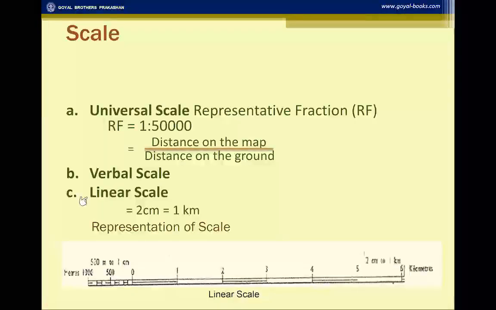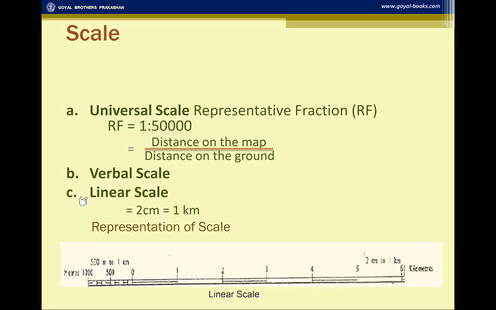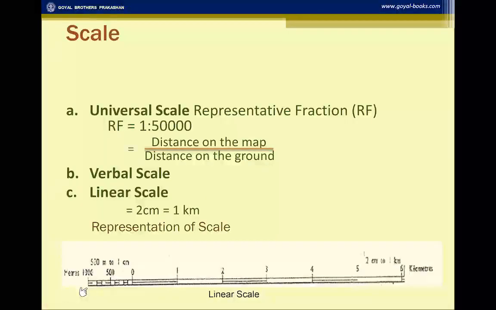Linear scale is what is given at the bottom of your survey sheet, where it shows the actual scale given with the calculation: 2 centimeter is equal to 1 kilometer. That is the scale of the map.